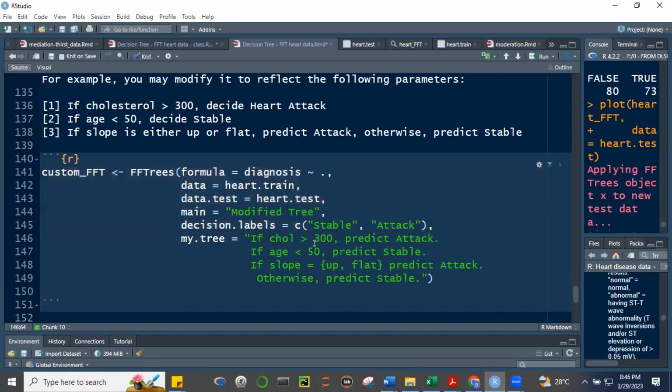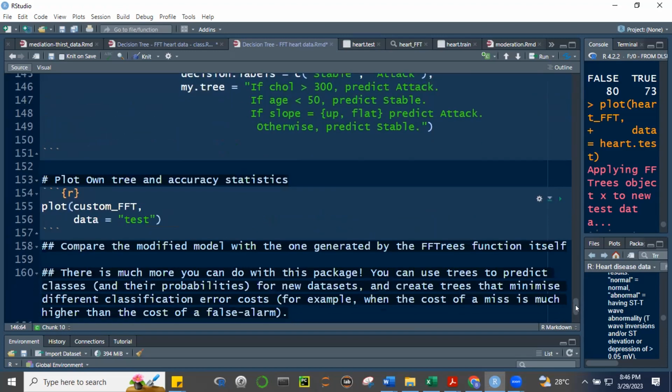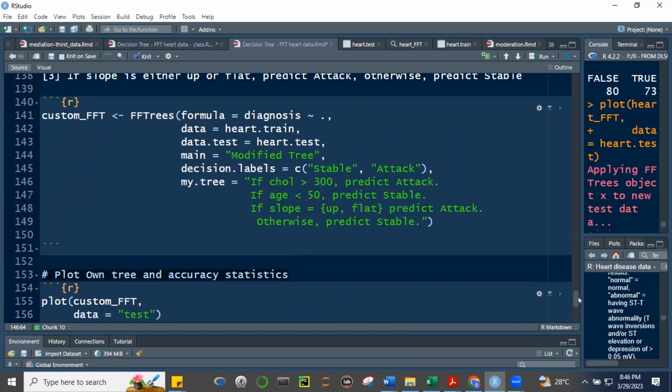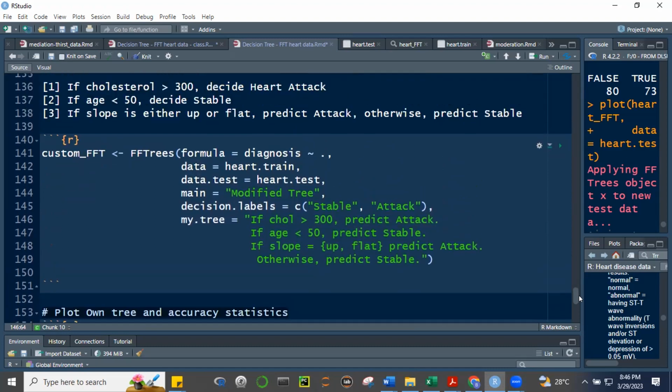Idagdag natin na kapag ang cholesterol greater than 300, predict attack, etc. So custom natin to, no? Ang tawag natin dito, iba to sa kanina. Kanina heart_FFT, ngayon nag-custom FFT tayo. So let's run this.